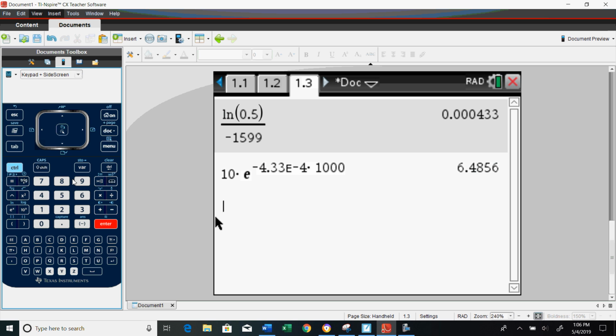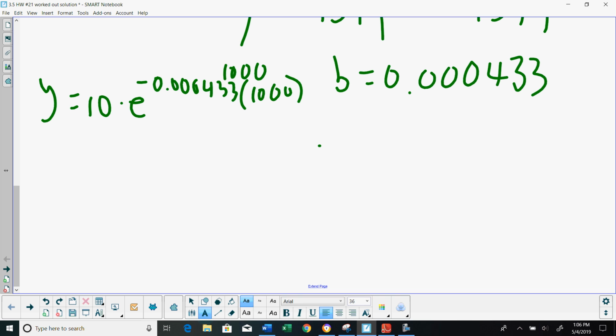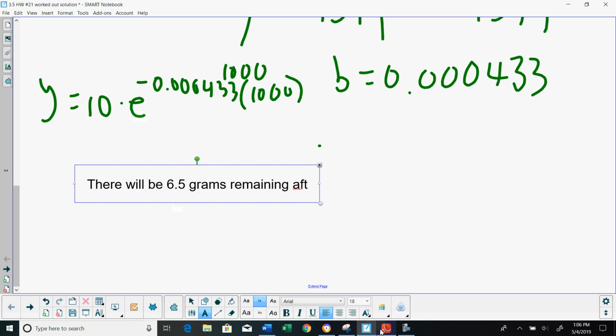We can round to the nearest tenth for our final answer with the amount remaining. So about 6.5 grams. I'll type up my answer: there will be 6.5 grams remaining after 1,000 years.